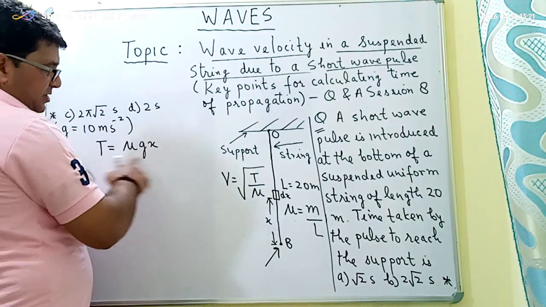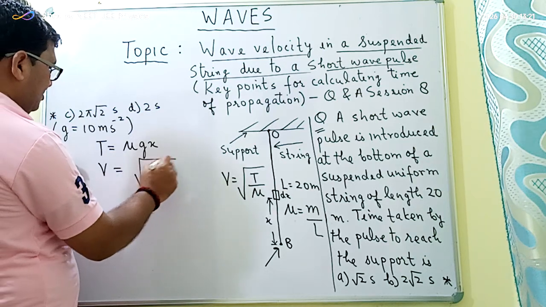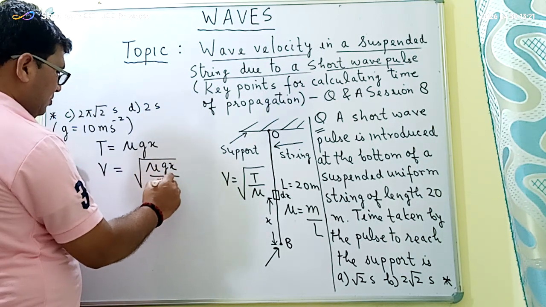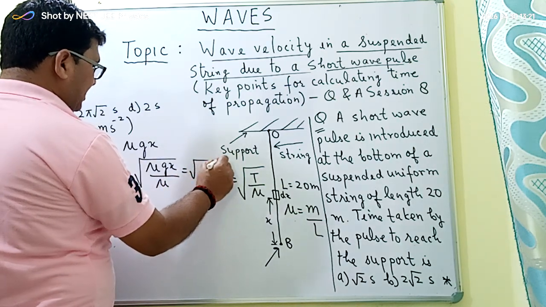If I substitute this value in this equation, I will get v is equal to under root mu g x upon mu. So this will be equal to under root g x.